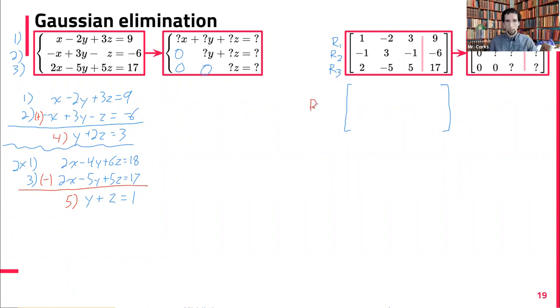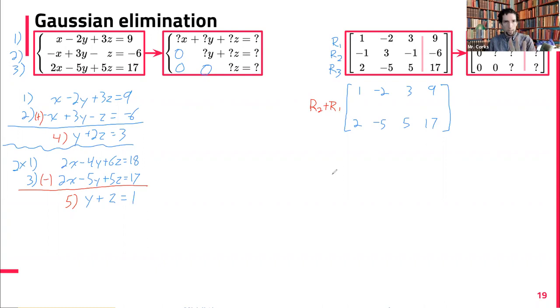So we're going to write our little operation beside the second row. So row 1, -2, 3, and 9, and row 3 stays the same. We are not going to change them, and we are only changing row 2.